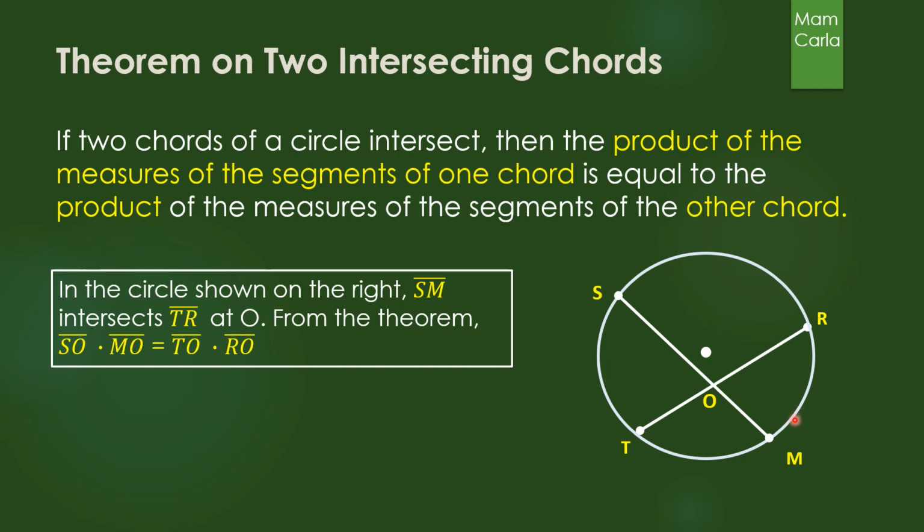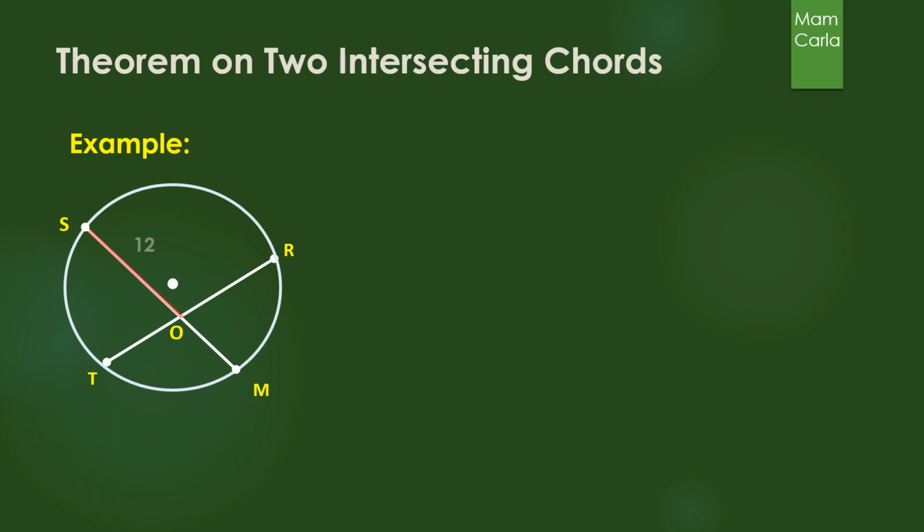In this circle, line segment SM intersects PR at point O. From the theorem, the measure of SO times the measure of MO is equal to the measure of TO times the measure of RO.